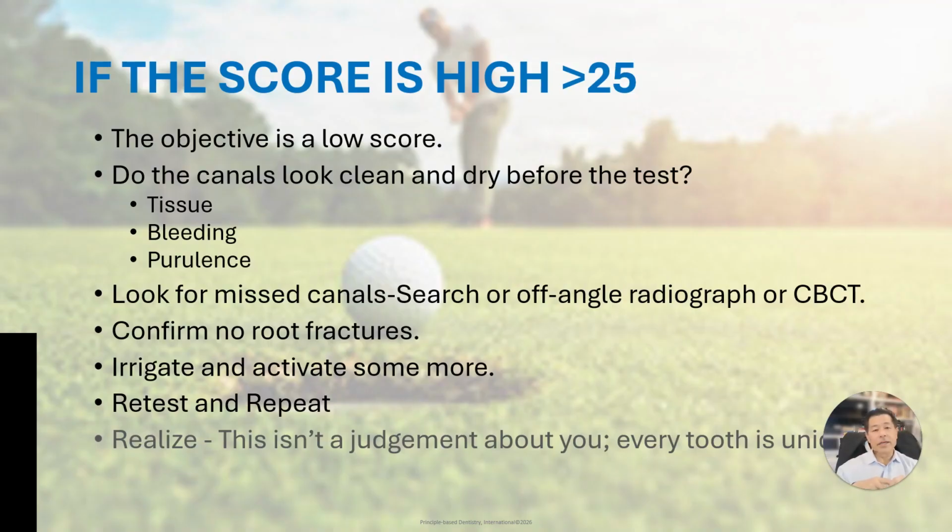Then go back in there and irrigate with activation some more, right? You're just going to assume that somewhere there's more bioburden down there. You don't know exactly where, you don't know exactly how much, but just irrigate and activate some more and then retest. See if your score went down. If it hasn't gone down, then repeat.